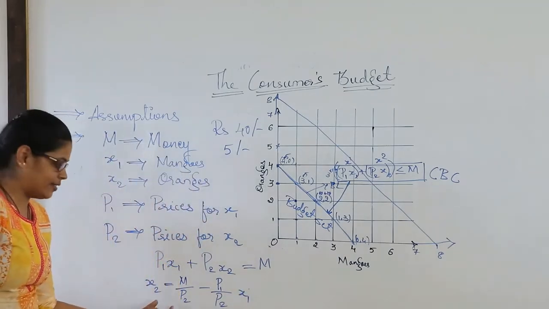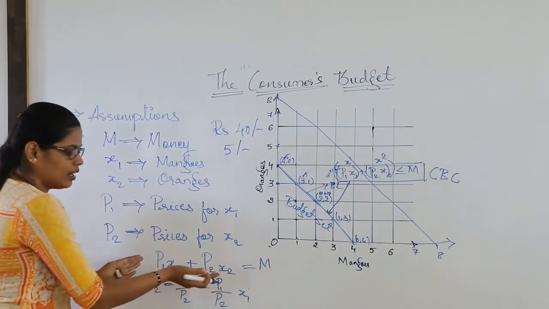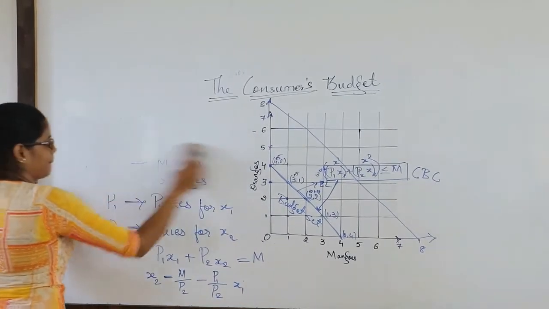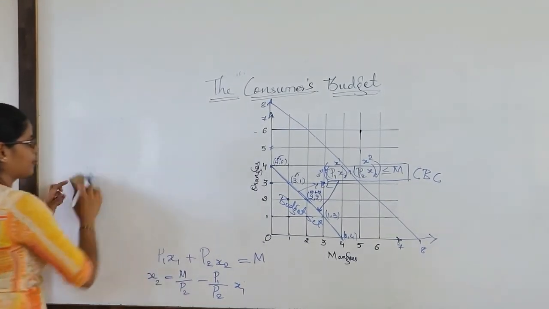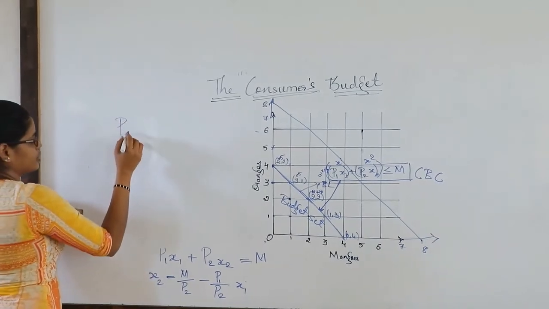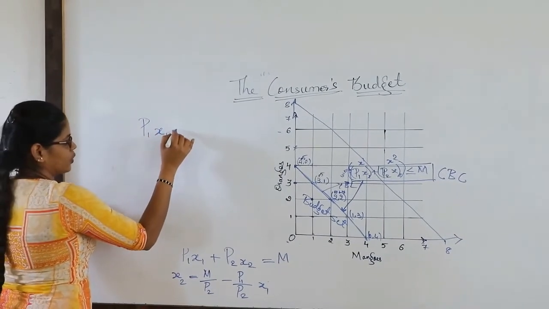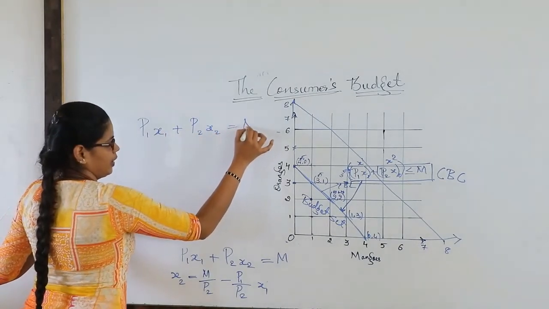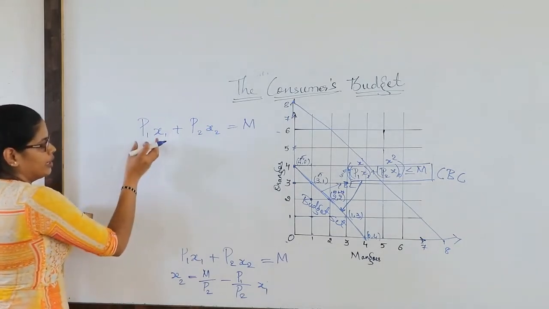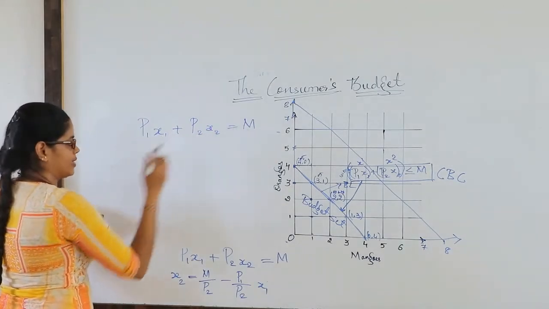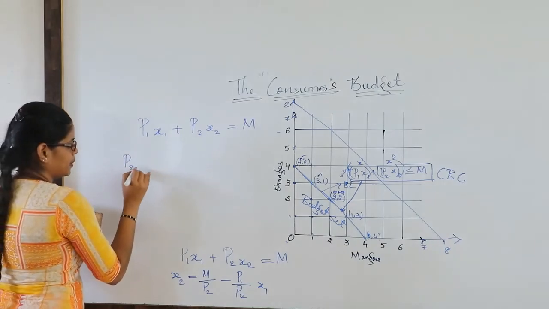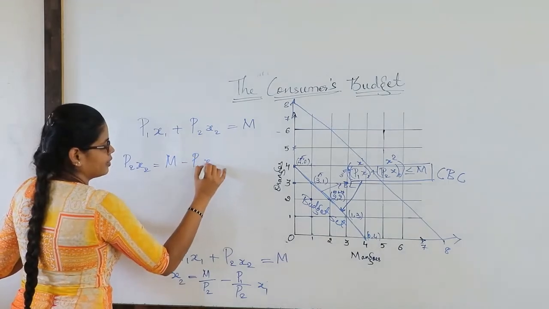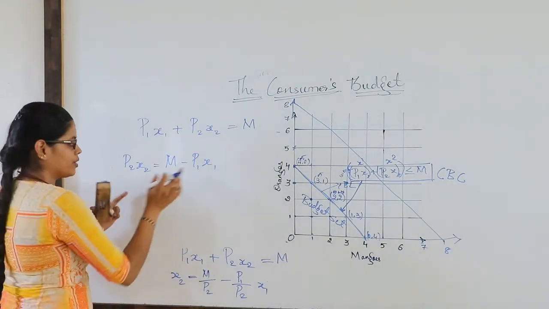How are we expressing this? If you make a rough note, you can easily solve this. So what is the equation? First equation, P1 x1 plus P2 x2 is equal to M. If you send P1 x1 to that side, it becomes P2 x2 is equal to M minus P1 x1.